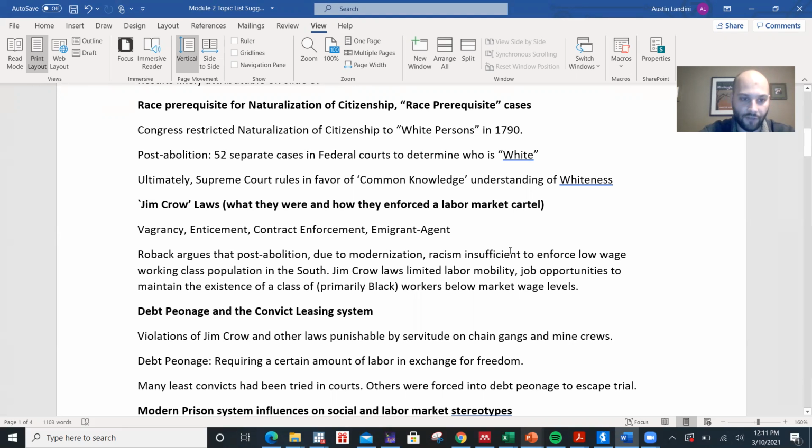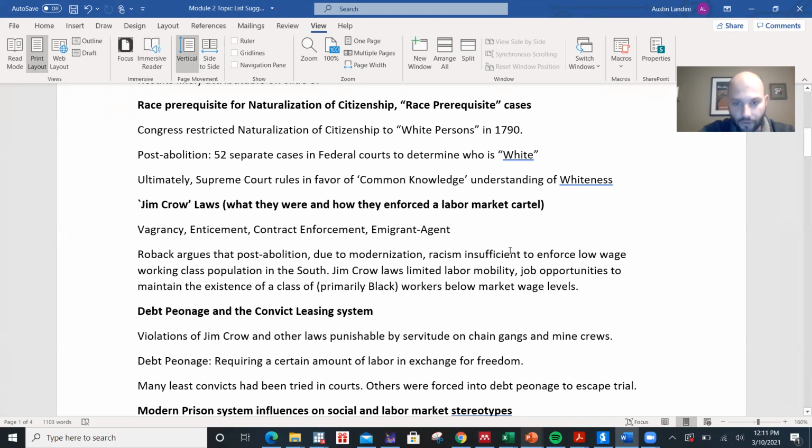So we shifted from the Jim Crow era into the poll tax and literacy law era of voting regulation. Finally, in terms of understanding the intent of the Jim Crow laws, Roback argues that we should understand them as an attempt at a labor market cartel.